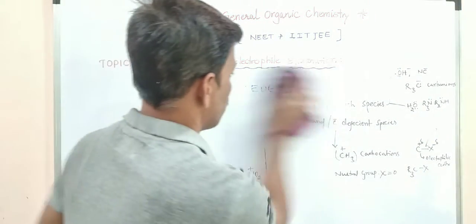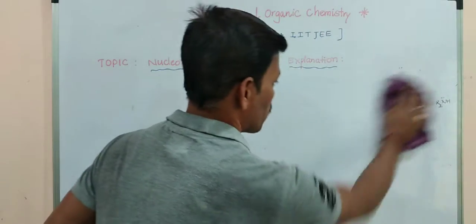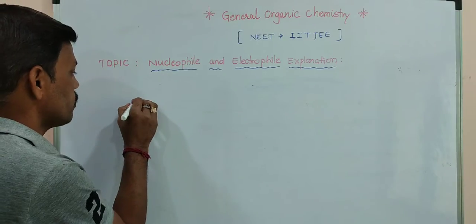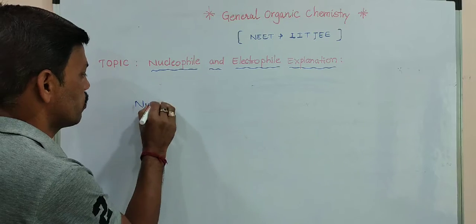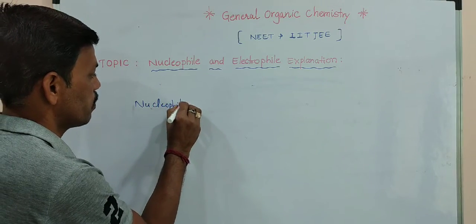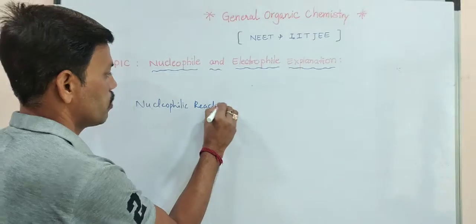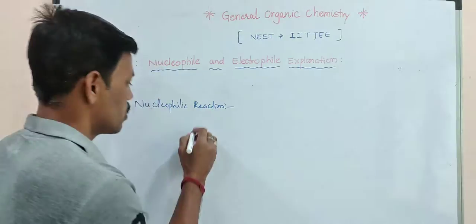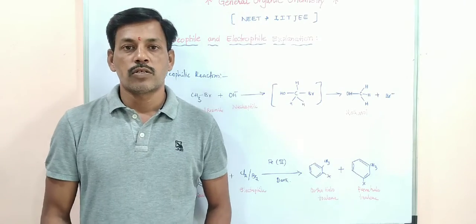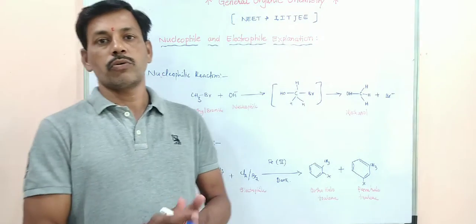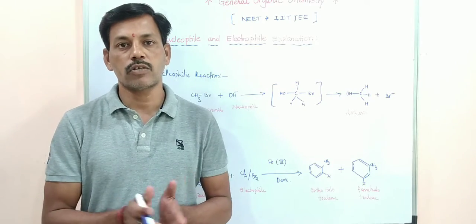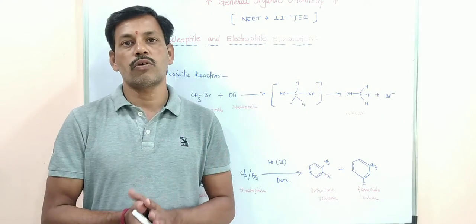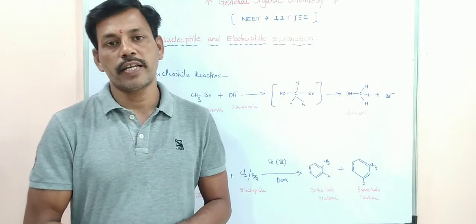So here we have some examples of chemical reactions in general organic chemistry, so we can understand. Friends, in order to know more about nucleophiles and electrophiles, we have to know about substitution nucleophilic reactions and electrophilic reactions.